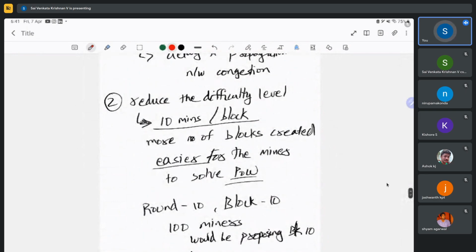This 10 minutes per block is a trade-off based on how often forks happen, the time taken for communication among all the nodes, and a reasonable difficulty level so that miners with a considerable amount of resources can actively take part in the mining process.